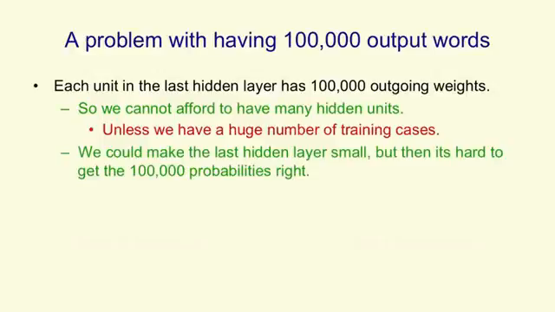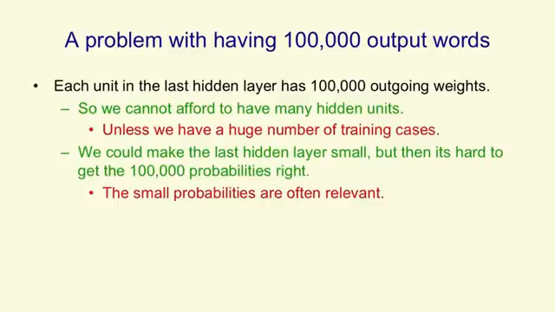It's not just the big probabilities we need. A very large number of words will have small probabilities, and the small probabilities are often relevant. It might be that the speech recognizer has to decide between 2 different rare words, and then it's very relevant which of those is more common in the context, even though both of them are pretty unlikely.